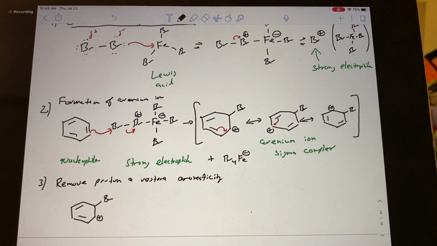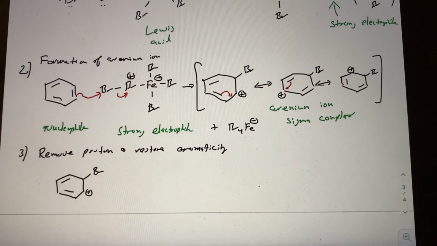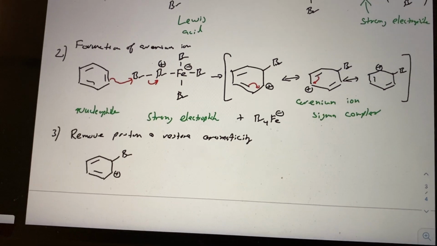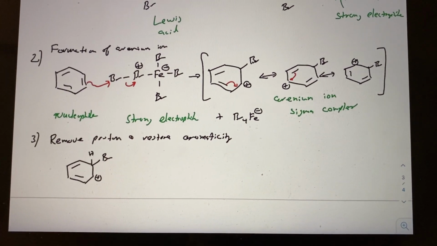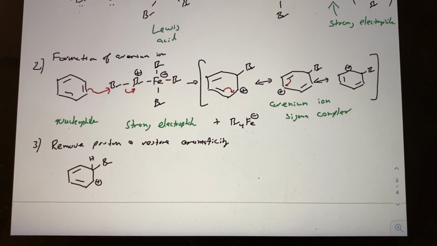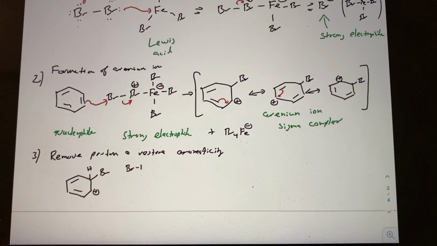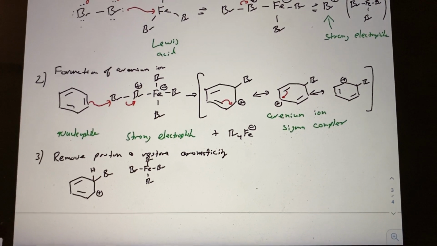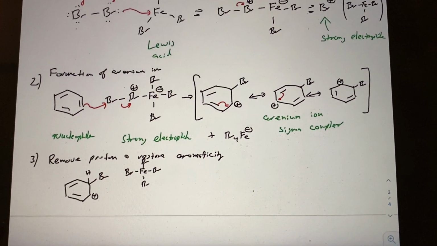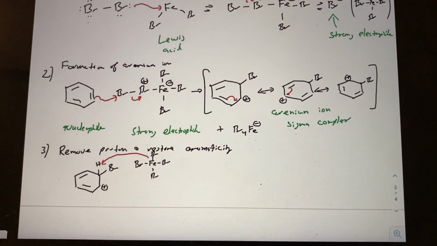And now what we really would like to do is to restore aromaticity to get that energy back. And a way we can actually do that is, notice this carbon now, as is shown here, still has the hydrogen on it. So we could have something like our iron tribromide that's still around. This will end up forming HBr in the end. It's going to pull the proton off here.